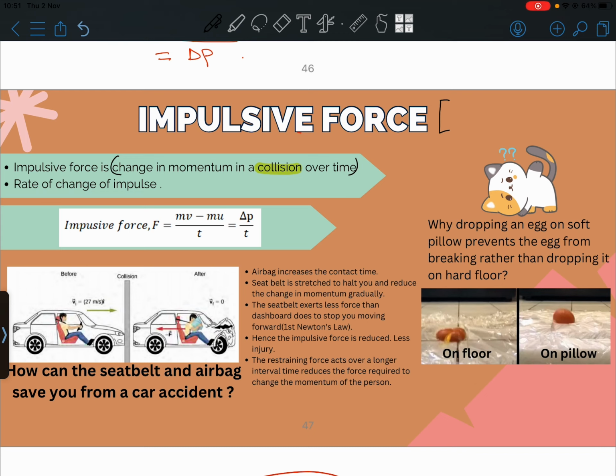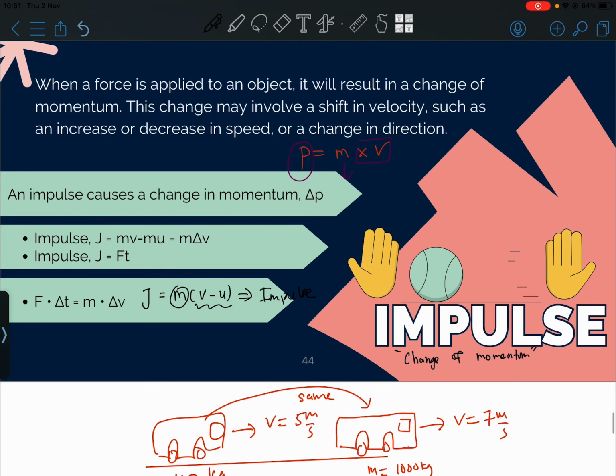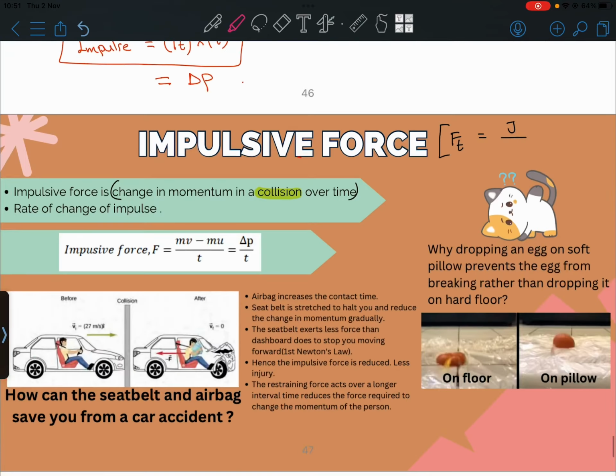So impulsive force is just the change of momentum over the collision time. Remember J is the impulse. So Ft equals J divided by T, where T is the collision time.